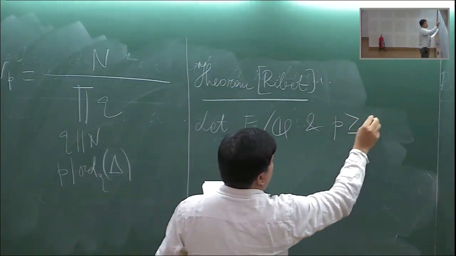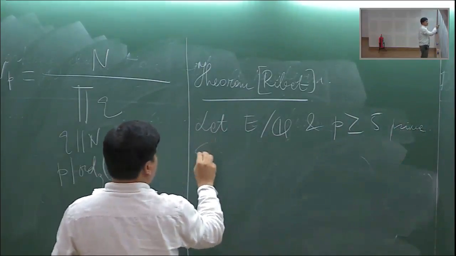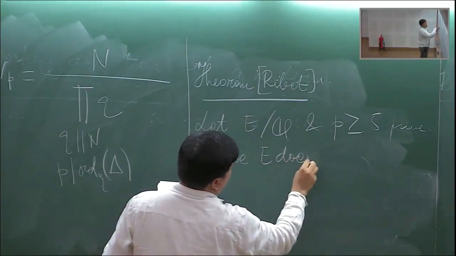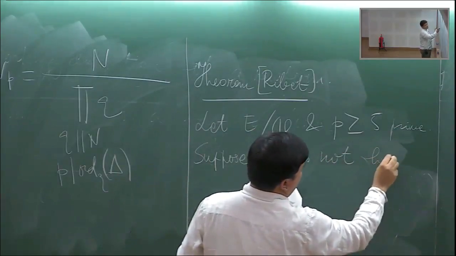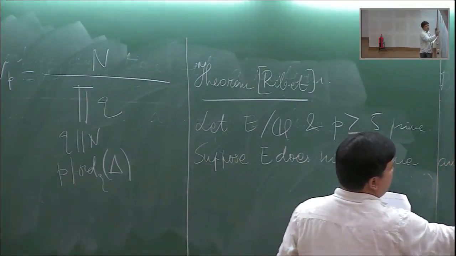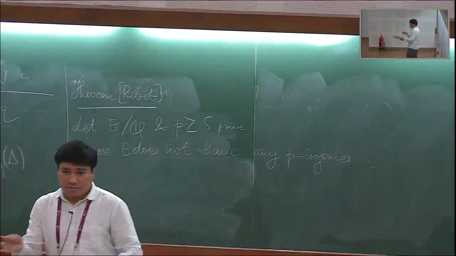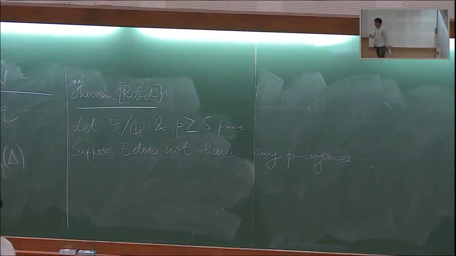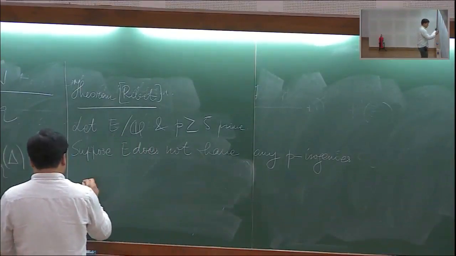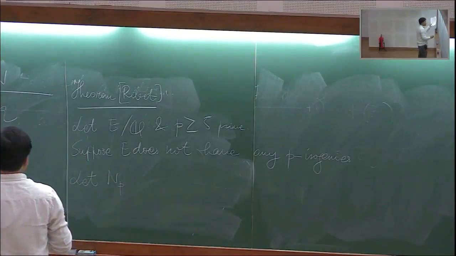and P is a prime bigger than or equal to 5. Then suppose E does not have any P isogenies, right? An isogeny is a morphism from E to itself, of degree P. And then let N_P be as above.